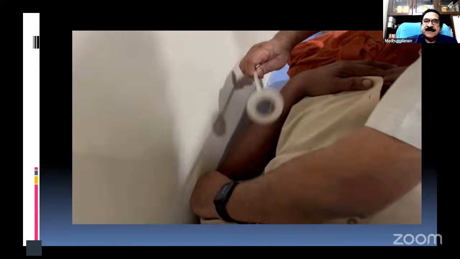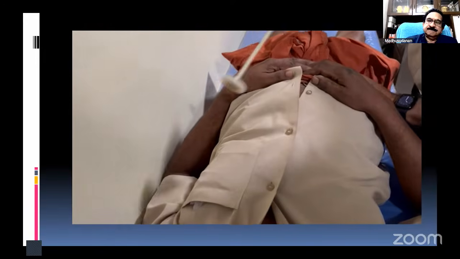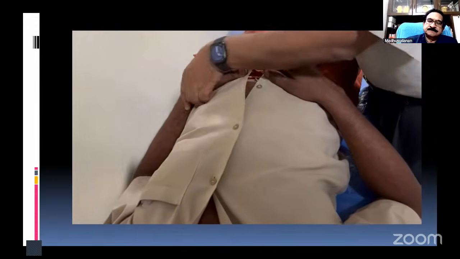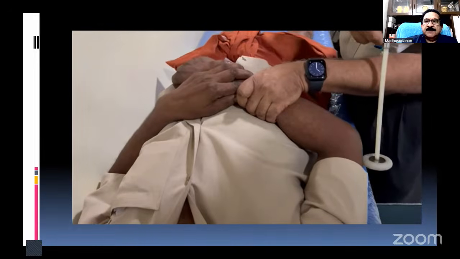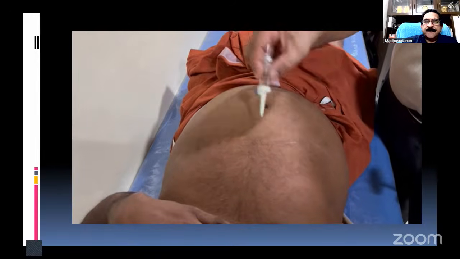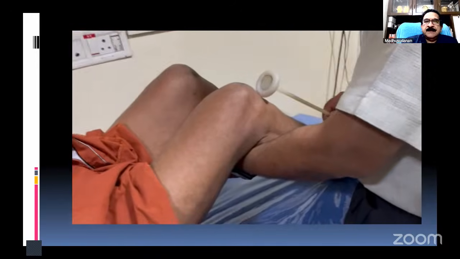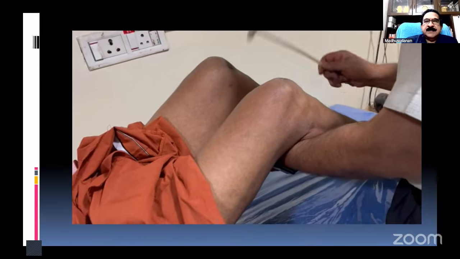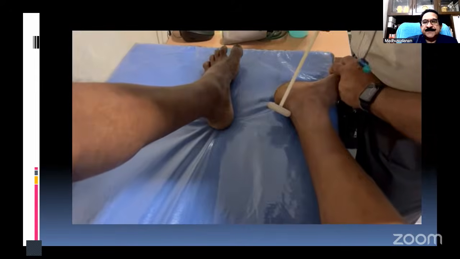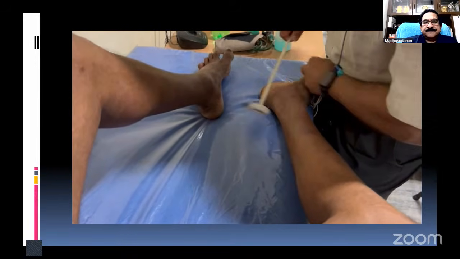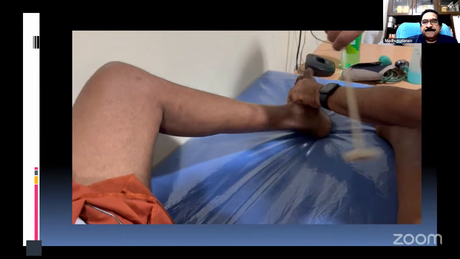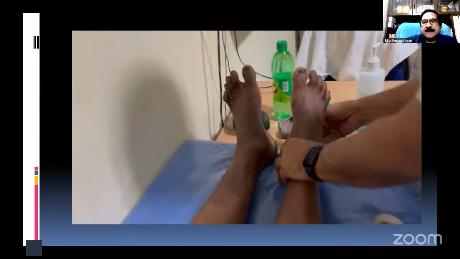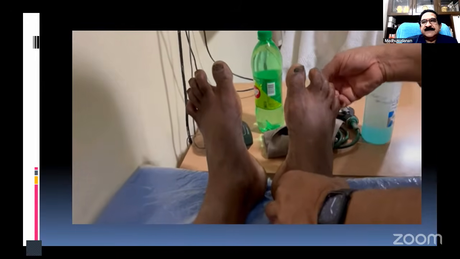The reflexes were sluggish in the upper limb, just 1+. Abdominal reflex was intact. The lower limb reflexes were slightly brisker, but you can call it even normal reflex. Ankle jerk was also normally elicited. Plantar is flexor or indefinite, not clearly flexor.